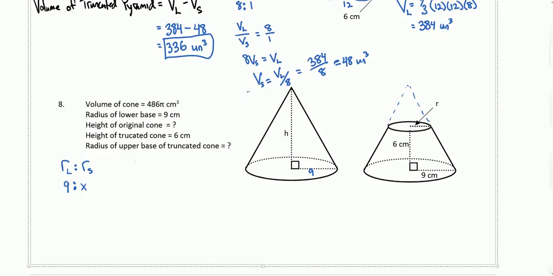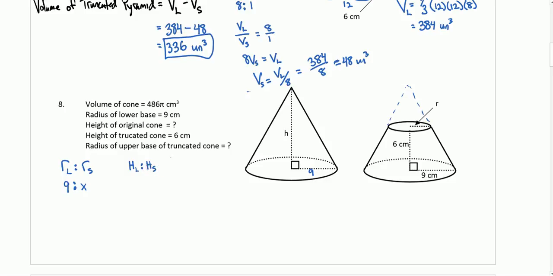We got the height of the large compared to the height of the small, and we don't know either of those. We got the volume of the larger compared to the volume of the smaller, and the volume of the larger is 486 pi centimeters cubed.